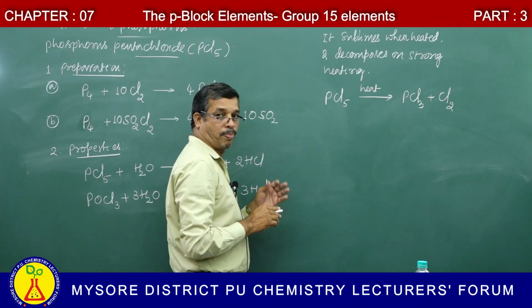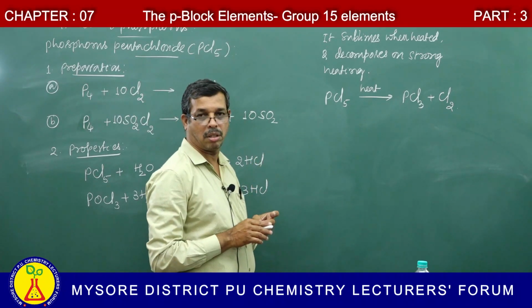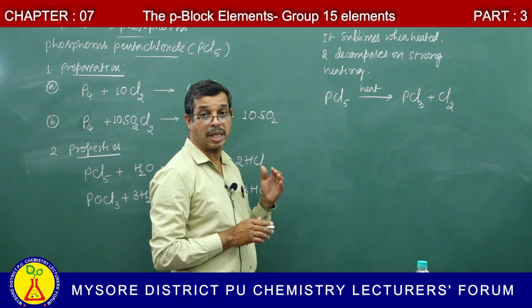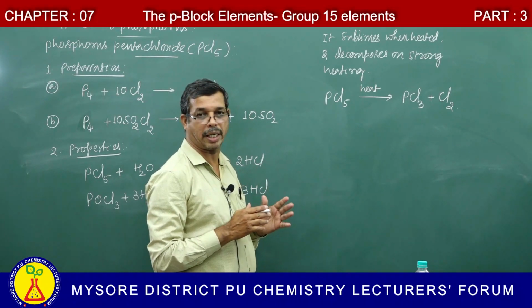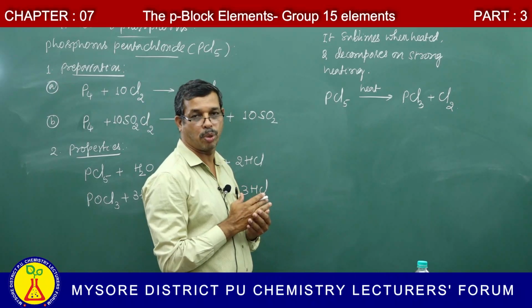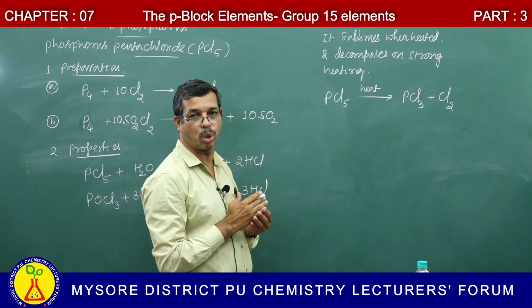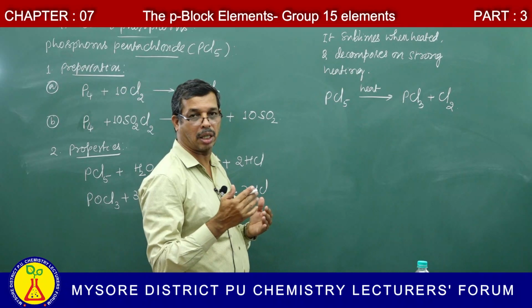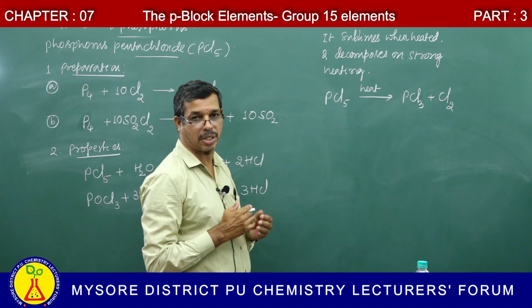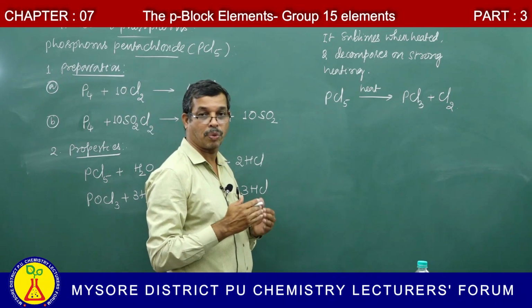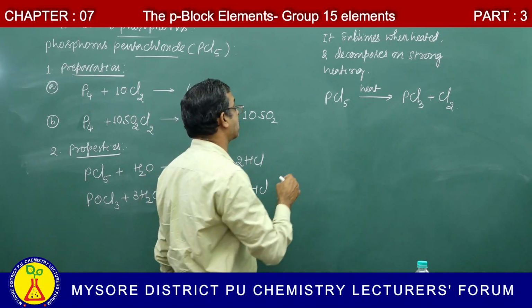So, then PCl5 also reacts with organic compounds containing OH group or hydroxyl group such as ethyl alcohol and acetic acid and gives corresponding chlorides.